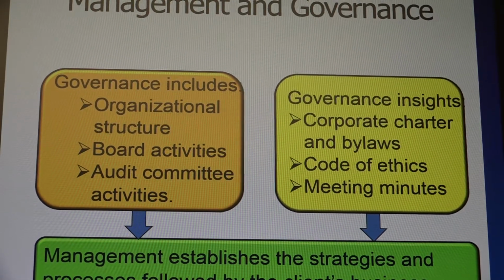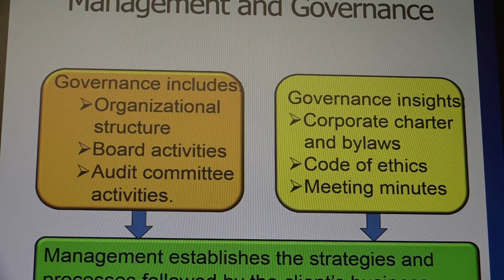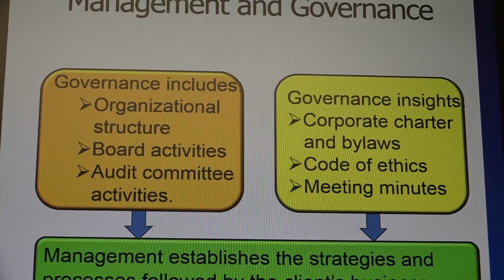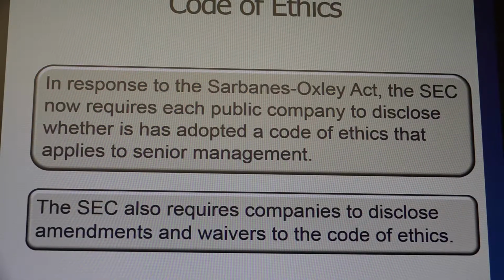You can still be of low integrity and have a code of ethics, but at least it's some indicator that they have produced this code, and hopefully live by it. Notice that under Sarbanes-Oxley, the SEC now requires public companies to disclose whether or not it's adopted a code of ethics that applies to senior management.